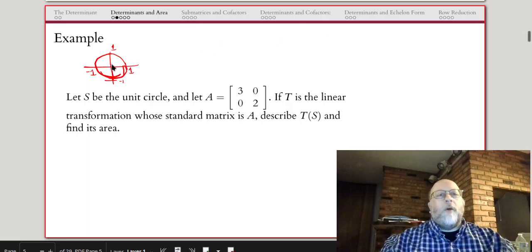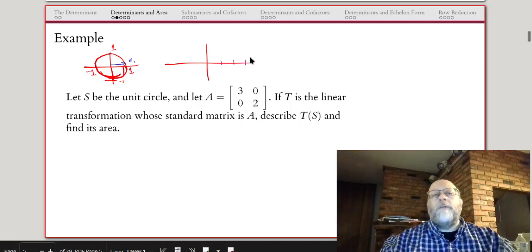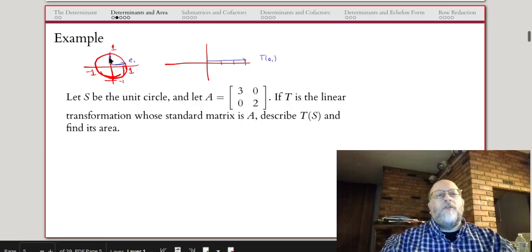So what we know is that the standard vector E1 moves to the position 3, 0. So this is now the transformed version of E1. And the standard vector E2 transforms into 0, 2. So that's 2 units high. This is the transformed version of E2.